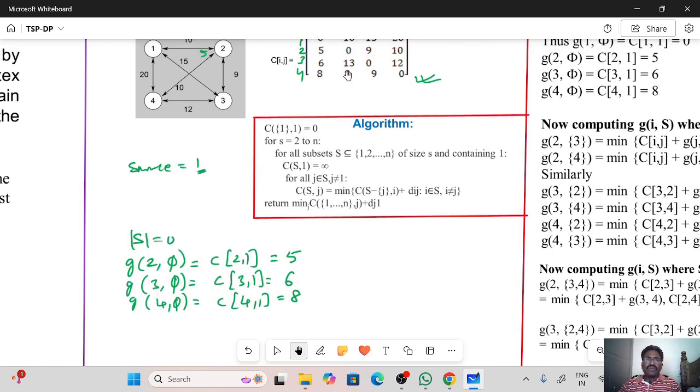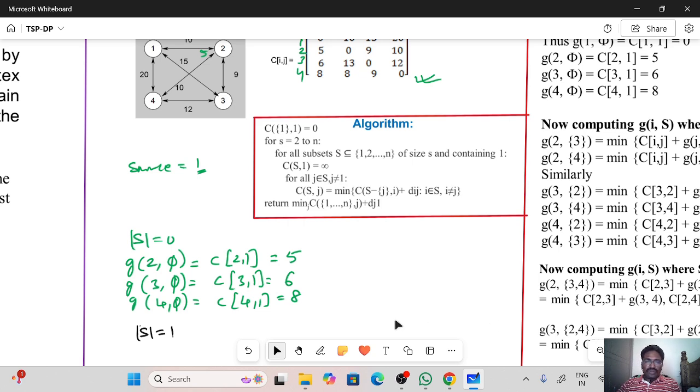So, when I know the values with set length 0, only then am I going to find the values with set length 1. So, what is set length 1? Set length 1 means the last but one node.